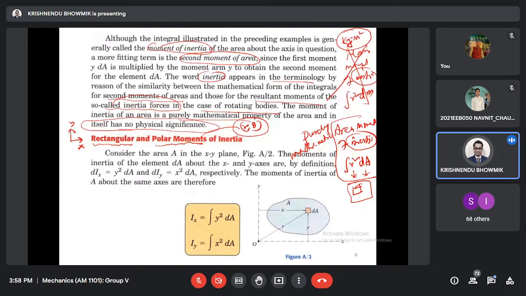Now when we are considering the rectangular moment of inertia, let me consider this small strip dA, with distances from the x-axis and y-axis. This is the 0, 0 point. Distances are y and x. And from this point to this, the distance is r.